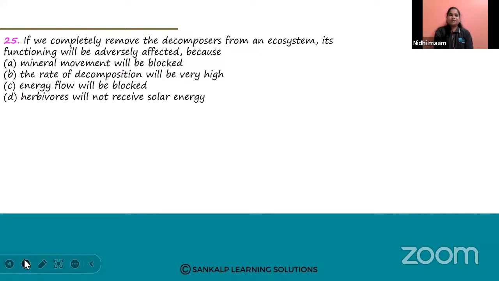Okay, good. Next question. If we completely remove the decomposers, suppose there are no decomposers in the ecosystem, its functioning will be adversely affected because what? Mineral movement will be blocked, the rate of decomposition will be very high, energy flow will be blocked, herbivores will not receive solar energy. What will be your comment or answer on this?